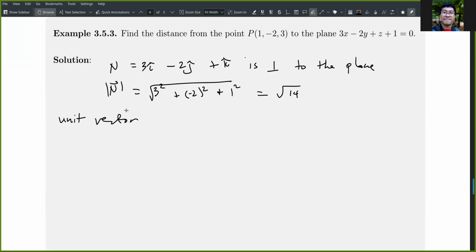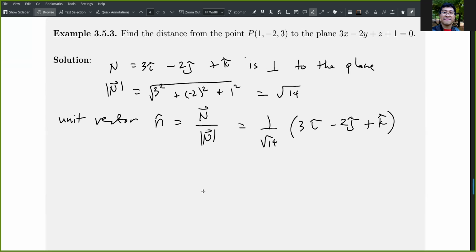This allows us to get the unit vector directed towards n. Let's call it n hat. It's n over n magnitude, so that's 1 over square root of 14, 3i minus 2j plus k. Okay, this is a unit vector perpendicular to the plane.